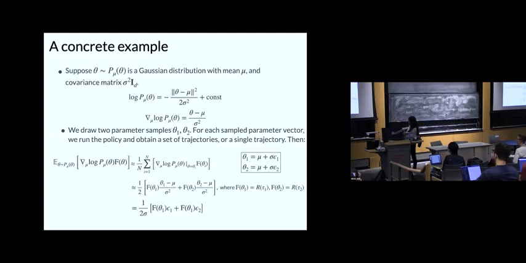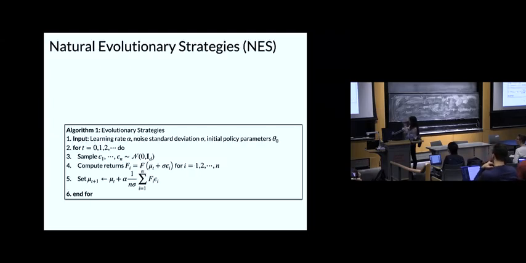So we'll fix this. Now if we look at the algorithm, it's exactly what you guys said. This is called evolutionary strategies. We start from some initial mu, and each time we sample a bunch of random vectors. We compute the returns of the parameter samples, mu t plus sigma epsilon i.